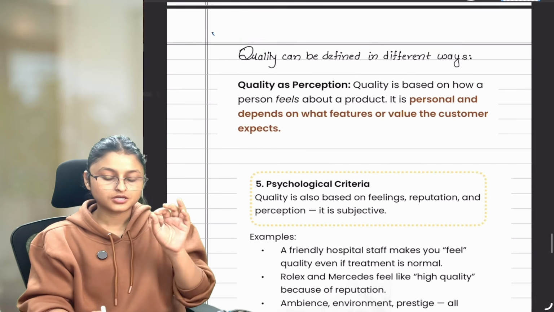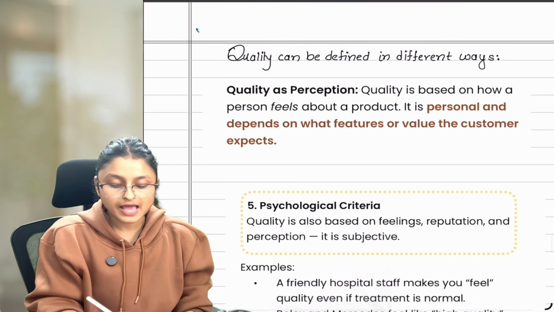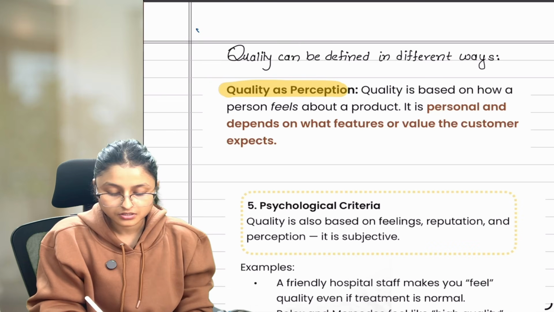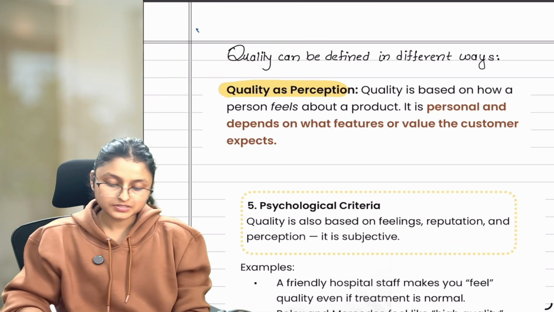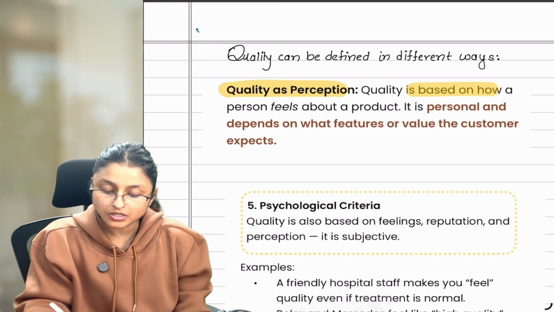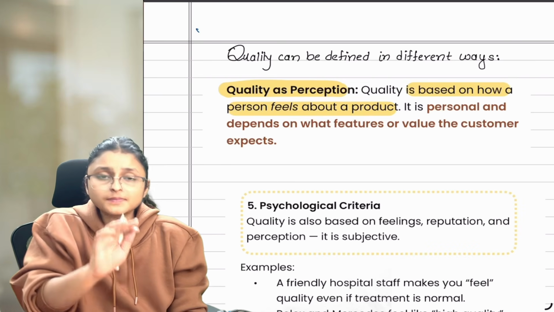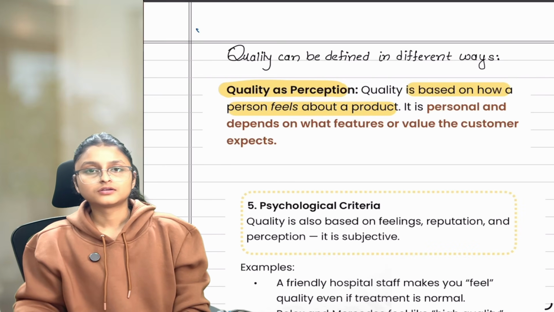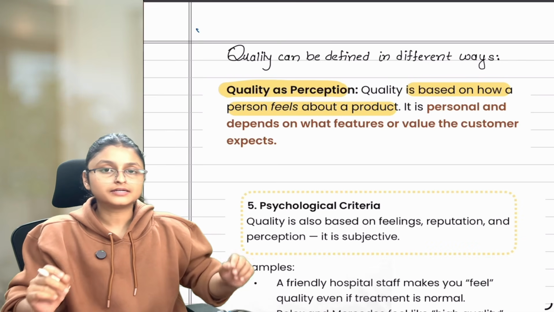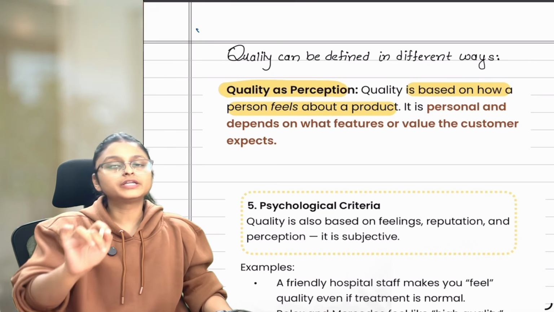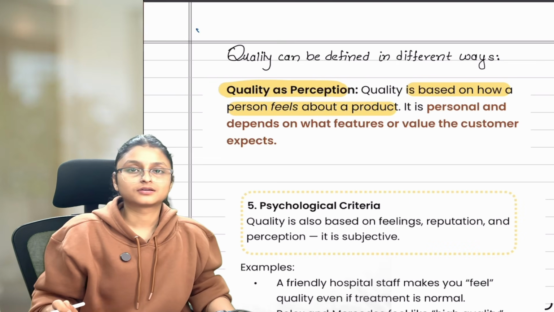So first we are defining quality as perception. Now what does quality as perception mean? It means that quality is based on how a person feels about a product. So even if it might not be different in reality, you feel that it is a quality product.